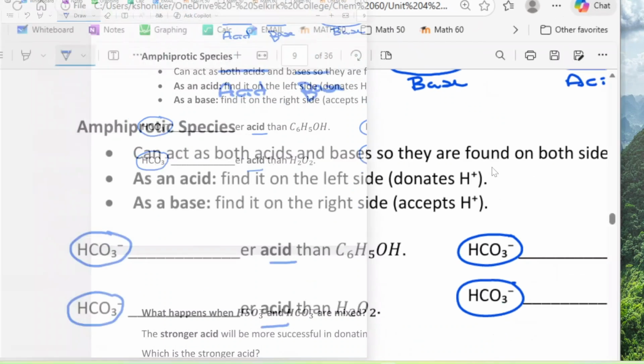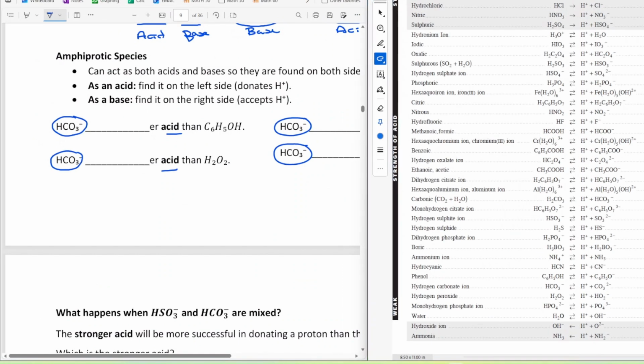Let's split my screen again and bring up that chart. If we're looking at HCO3 minus as an acid, you're going to find it on the left-hand side. It's going to be down here because it's relatively weak, because it's already lost a hydrogen. And we're going to compare it to whatever they tell us to as an acid. So C6H5OH, oh, it's right above it. Okay, so there we go. This is phenol.